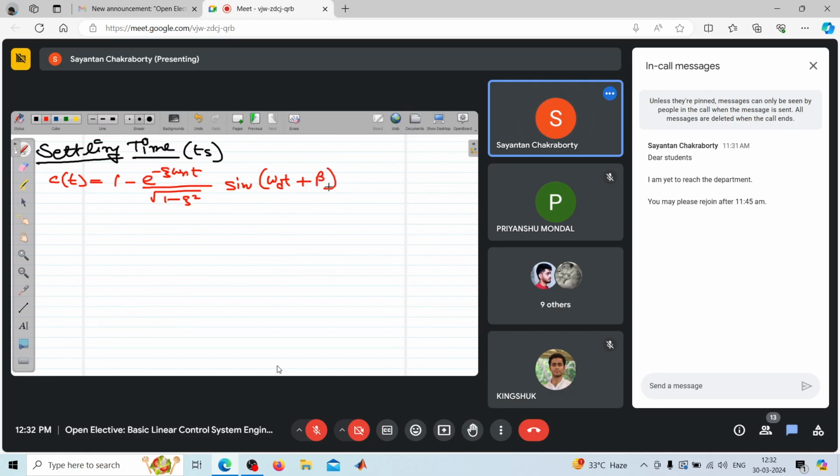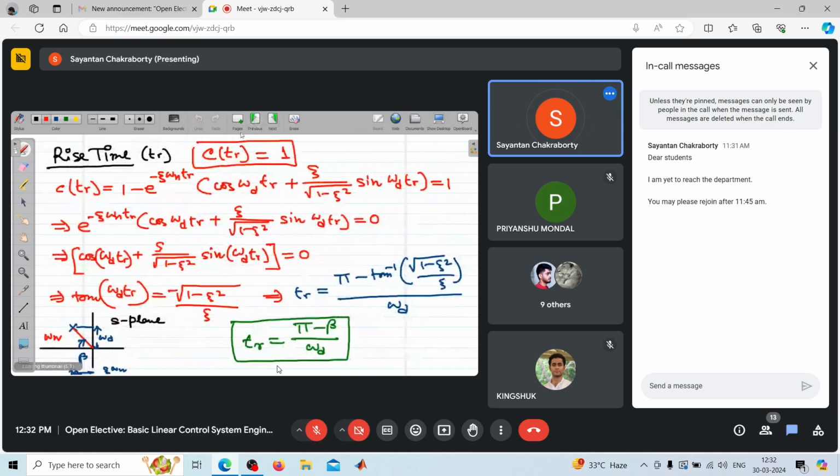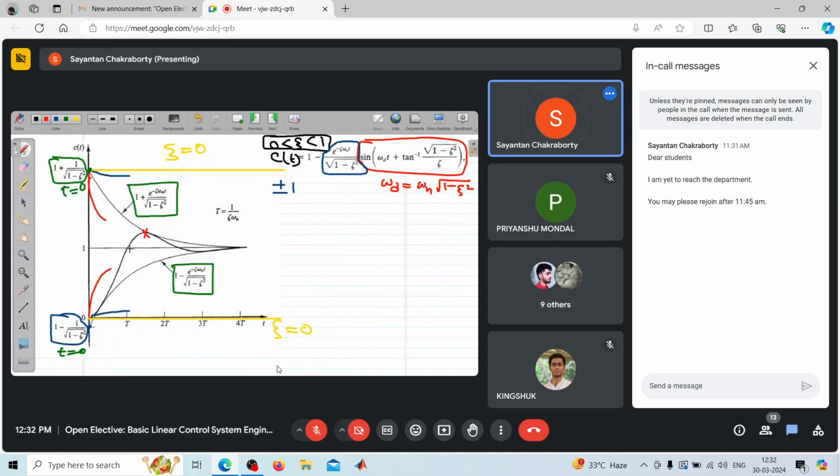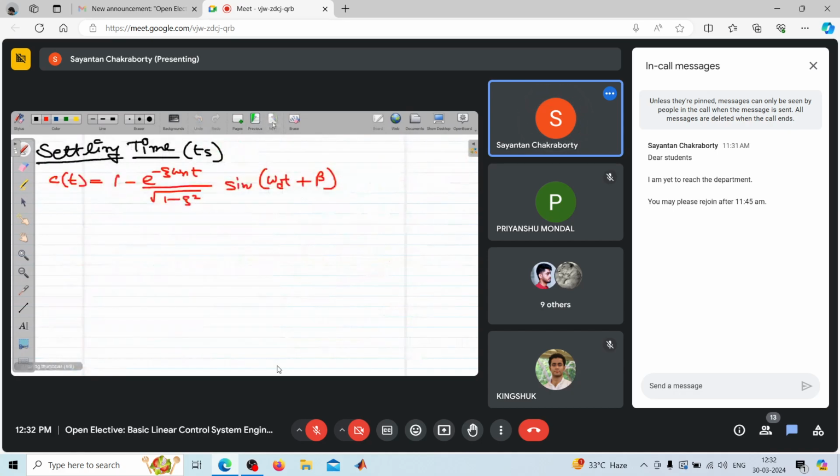Eta. So, we have already seen that the response will oscillate between a pair of envelope curves, and the envelope curves are given by 1 plus minus e to the power minus zeta omega n t over root over 1 minus zeta square.